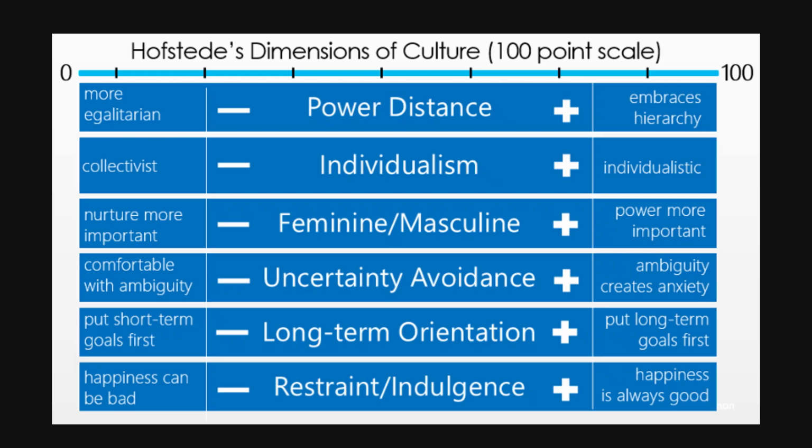And of course, it's not perfect, right? Not everyone within that particular country and culture would score at the same place on this scale, but it's a generalization. And as we mentioned before, with any kind of model like this, you are by default wrong, right?